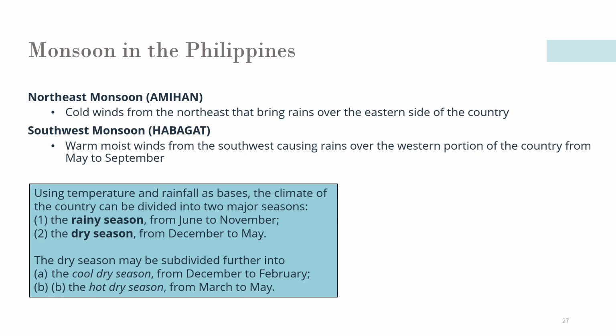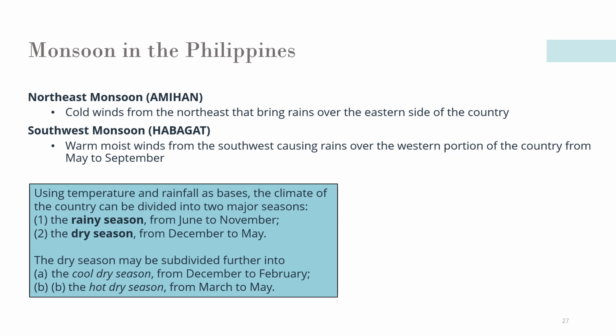And then these two prevailing winds are often the cause of rains in the different sides of the country, depending on which monsoon is blowing. For example, the Amihan, the northeast monsoon, brings the rain towards the eastern side of the country.